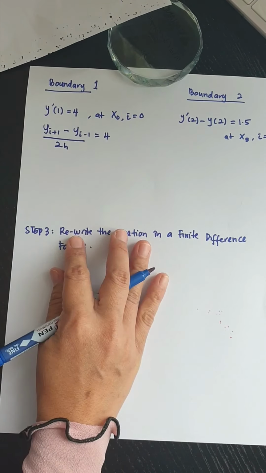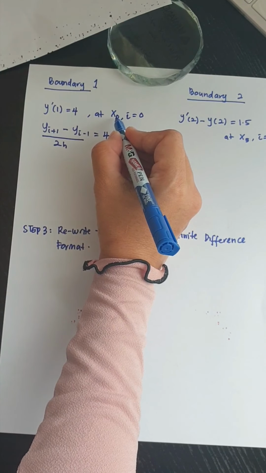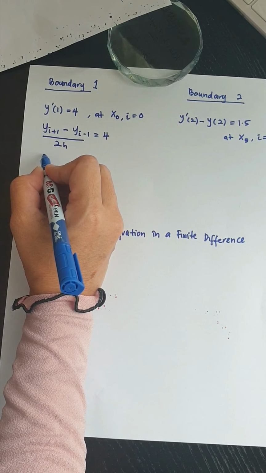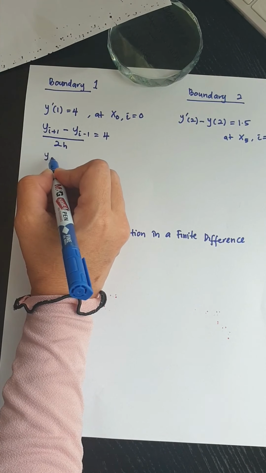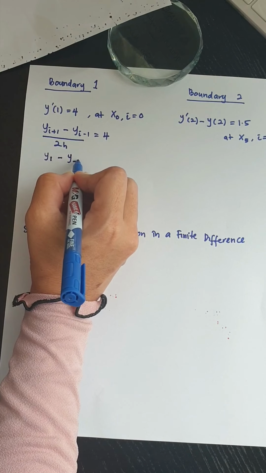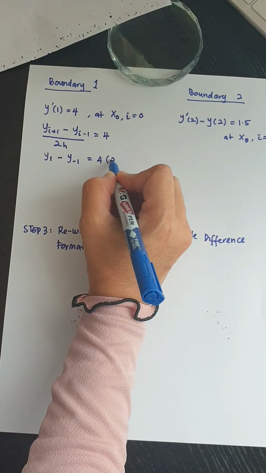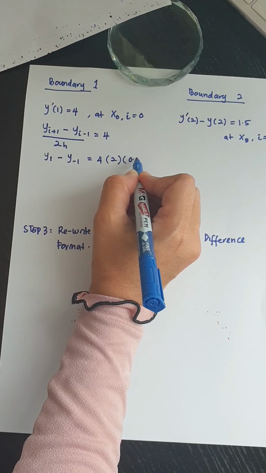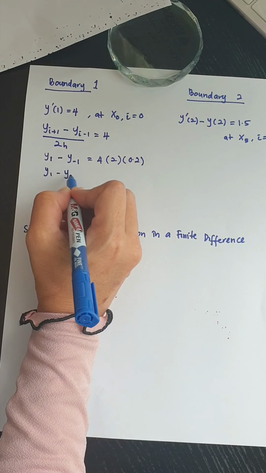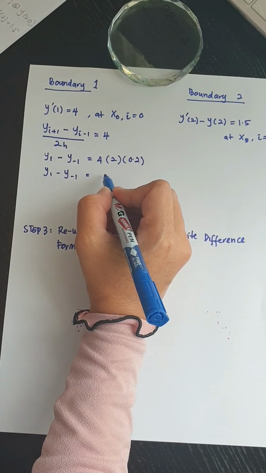At the start point, i is 0, so the equation becomes y1 minus y negative 1 equal to 4 times 2h, which is 0.2. Now y1 minus y negative 1 is 1.6.